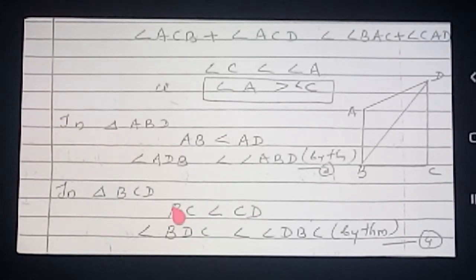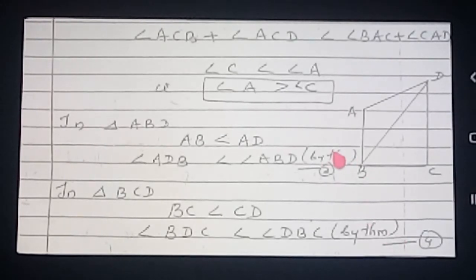If BC is less than CD, the angle opposite BC is less. The angle opposite BC is D, named BDC. Angle BDC is less than the angle opposite CD, which is B, named DBC. So you keep it as equation number 4.